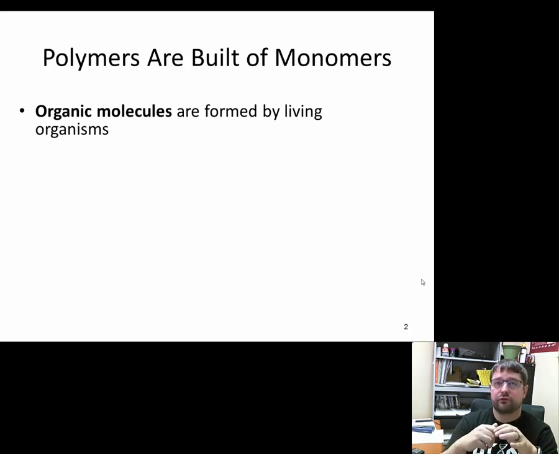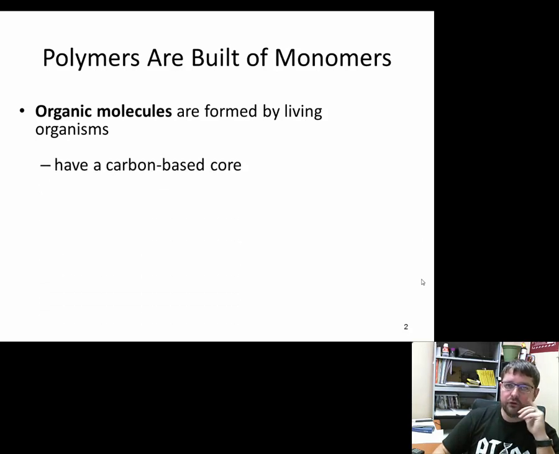And sometimes they're used for very long-term storage, or a water barrier in the case of things like lipids. We're going to go through quite a few different macromolecules, polymers, or biomolecules, whichever term you want to utilize, in the coming lectures.